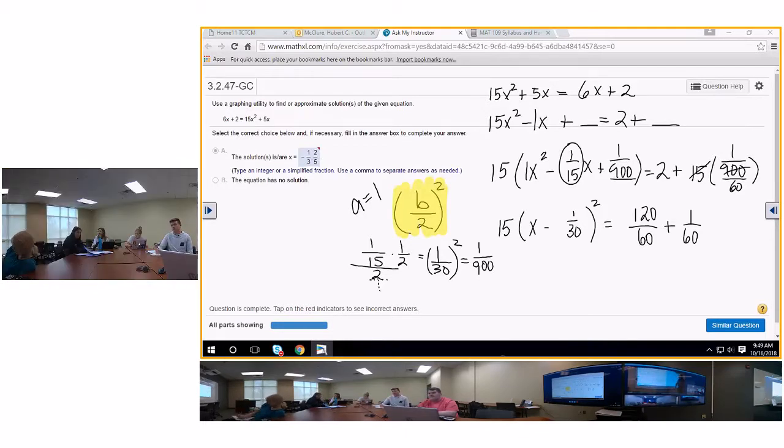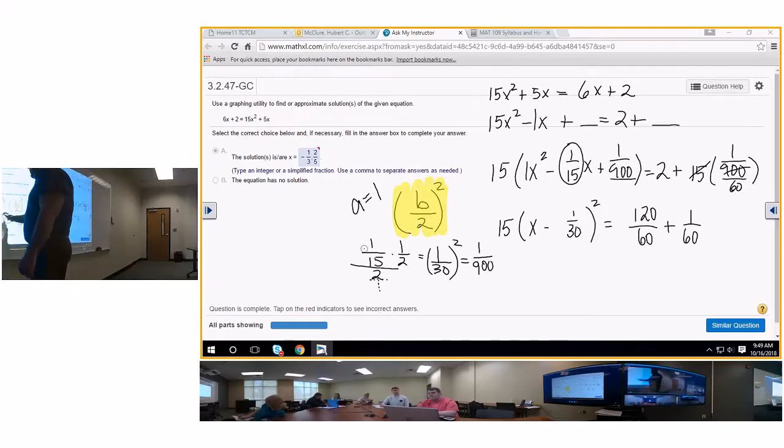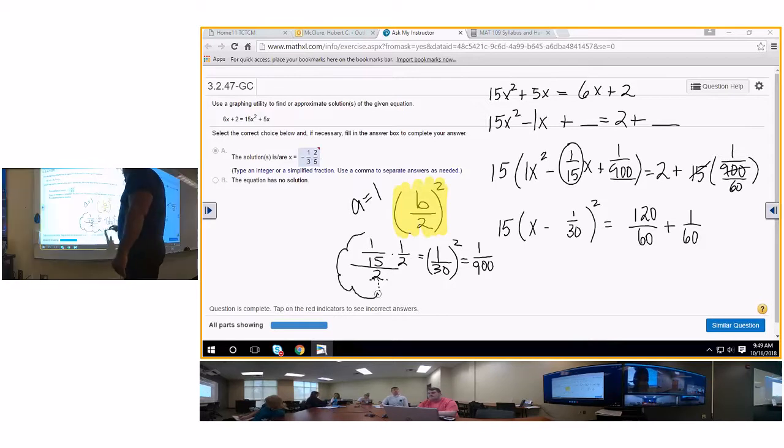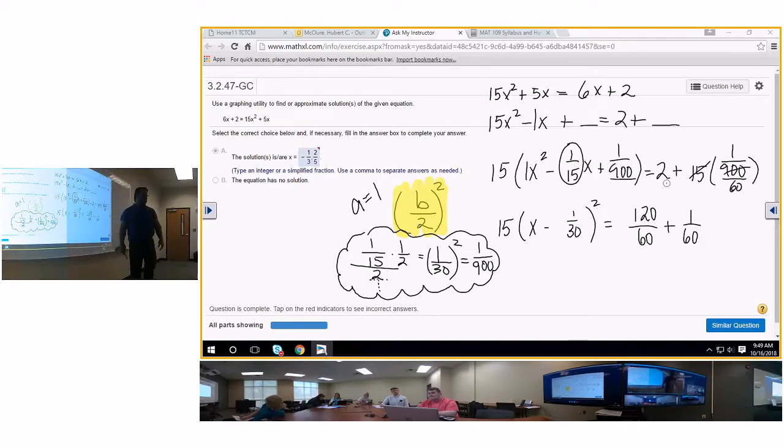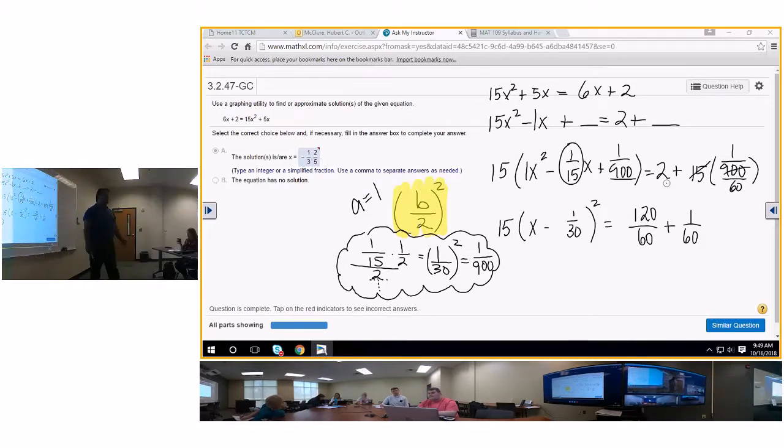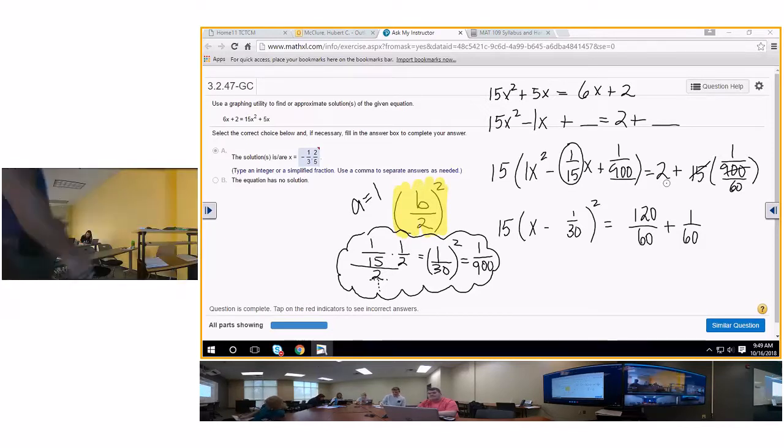And this right here is probably the number one reason that people don't do completing the square, because they don't know how to do anything with fractions because they've been weaned off of a calculator. All right, finish it out now.